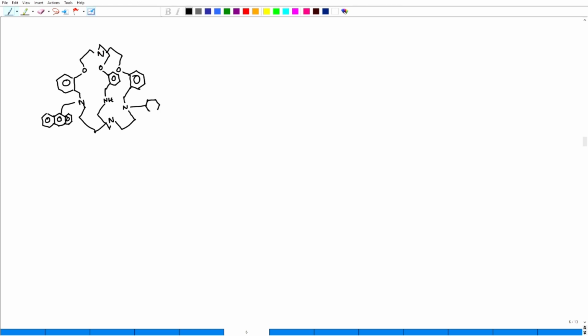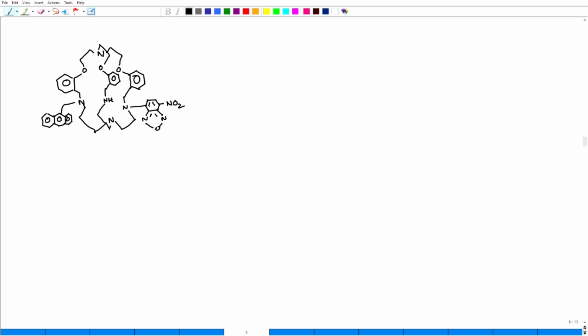Anthracene is a fluorophore and this diazo, remember, this compound has nitro here. Now, it works at about 10 to 30 angstrom.